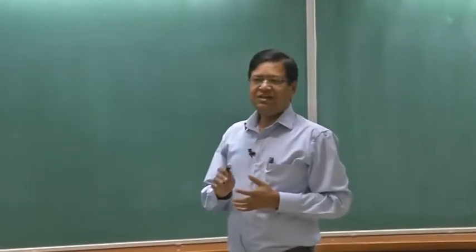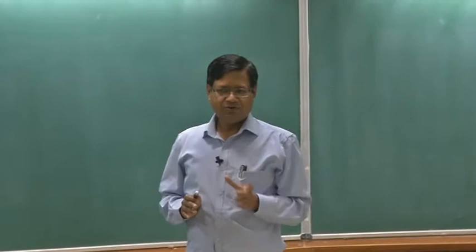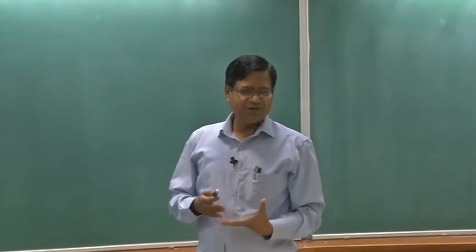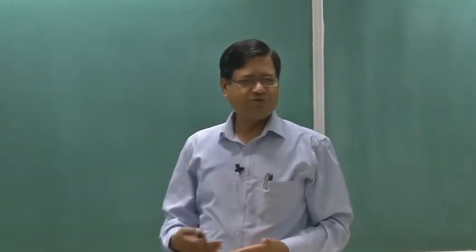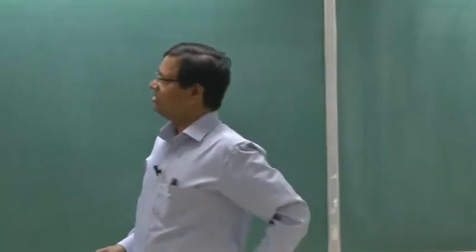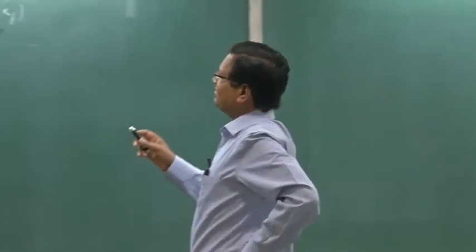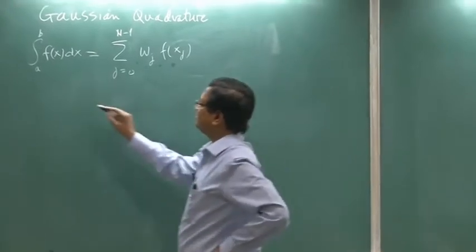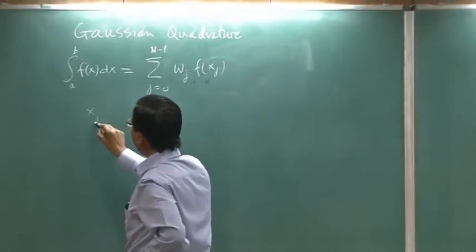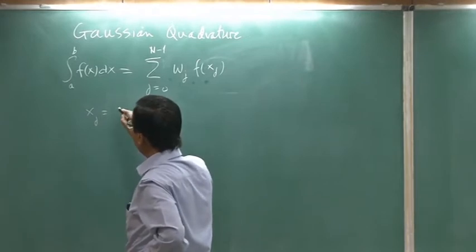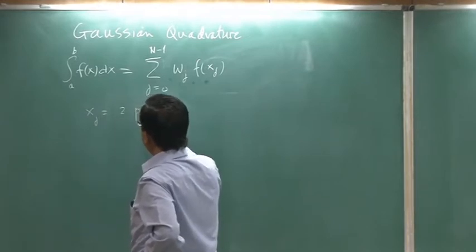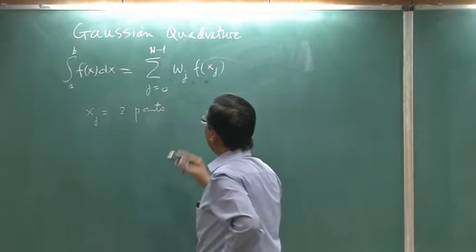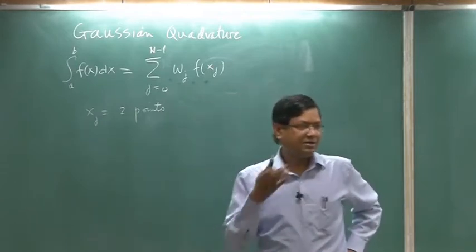Now let us first think of the idea with a simple example. Before I go to the proof, I will work with a simple example. Suppose I have only 2 points, so x_j will be only 2 points, and I have 2 weights w_j.